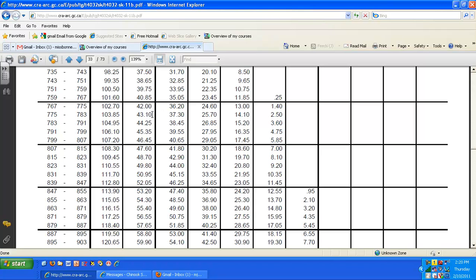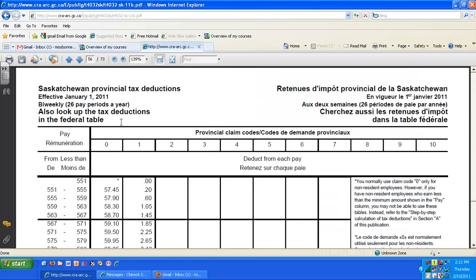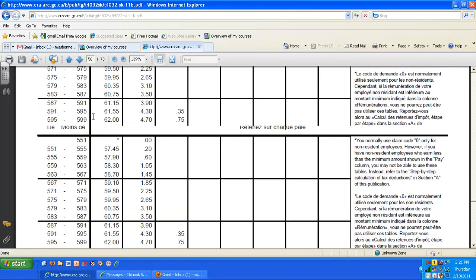If we were a claim code 1, we would be paying $43.10 in federal taxes.